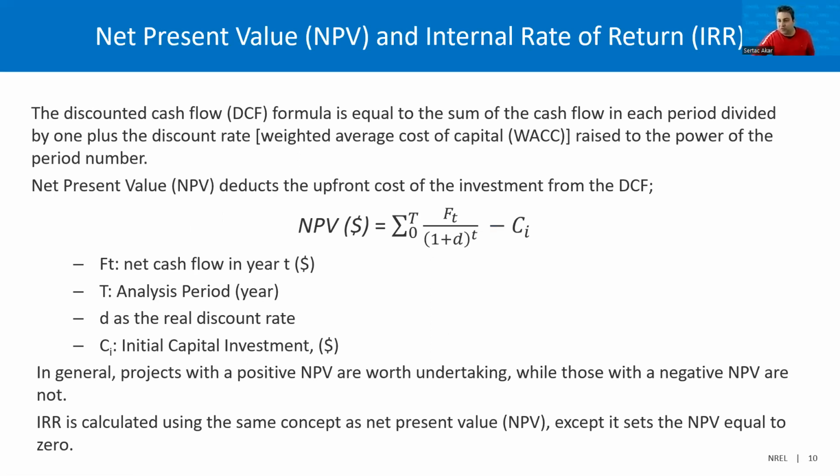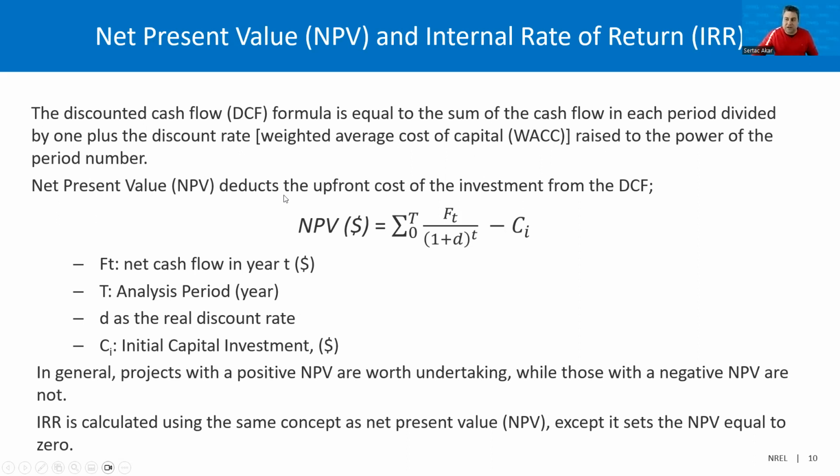The second important financial parameter is the net present value, and the internal rate of return is also a function of net present value. The discounted cash flow DCF formula is equal to the sum of the cash flow in each period divided by 1 plus the discount rate, which is also called the weighted average cost of capital, WACC, raised to the power of the period number.